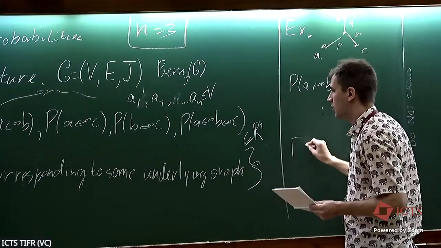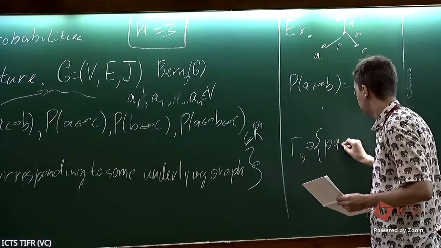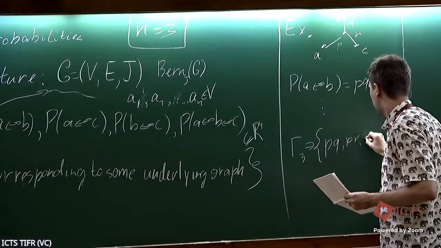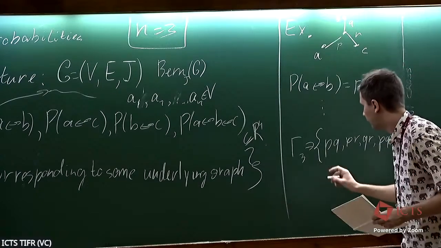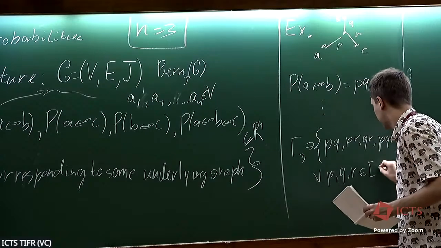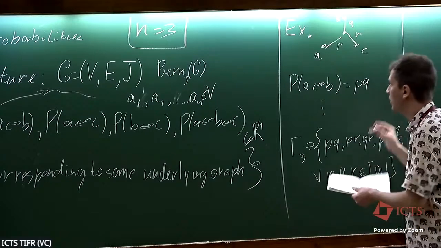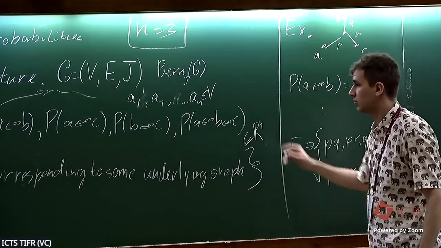So we see that in gamma 3, we have a point which is pq, pr, qr, pqr for any p, q and r in [0, 1]. So this is a point in R4.